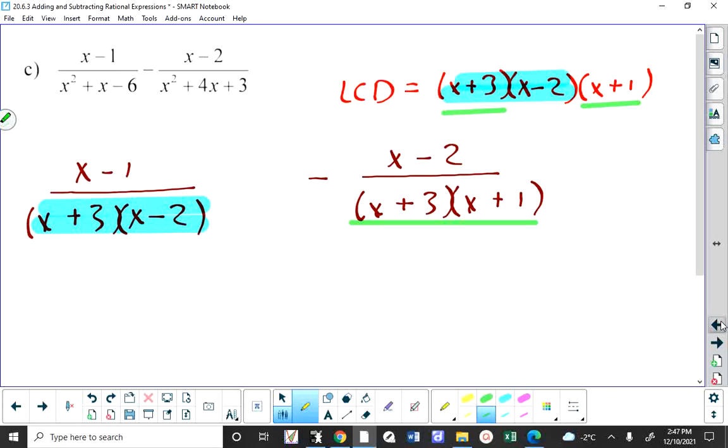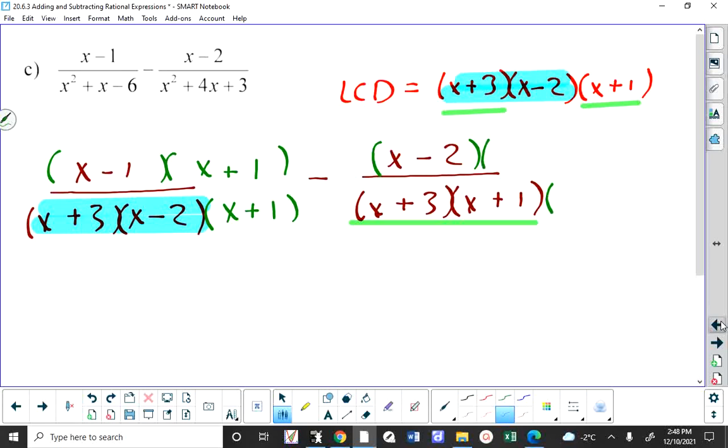Again, there's that overlap. So when I convert these, I'm going to have to multiply the top and the bottom of this by the x plus 1 to get it included in the mix. And I'm going to have to multiply the top and the bottom of this by x minus 2 to get it included in the denominator.